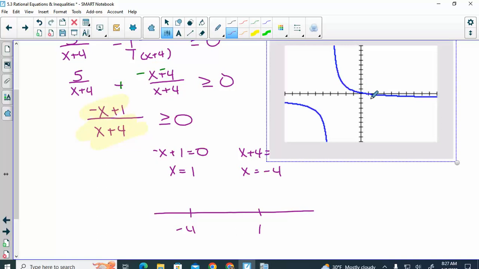So then when I look at this graph, it starts out negative before the negative 4. Between negative 4 and positive 1, the graph was positive. And then after 1, it became negative again.